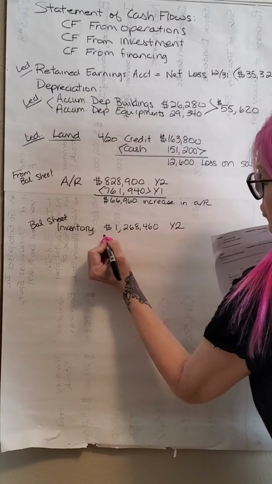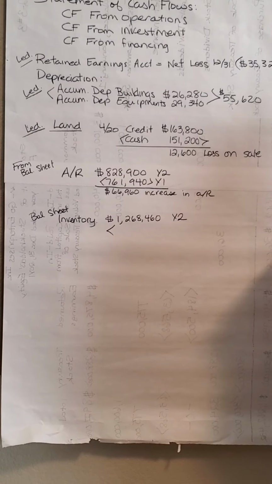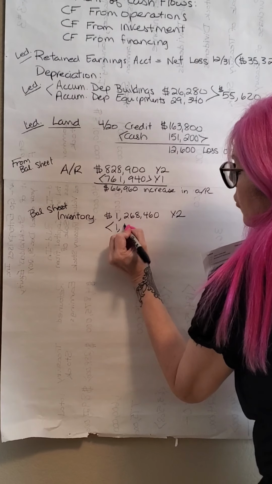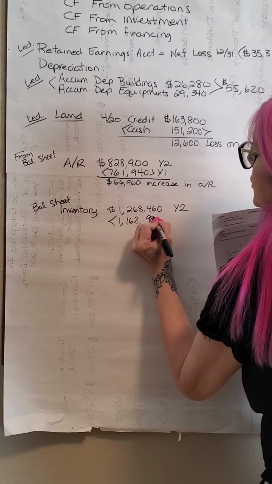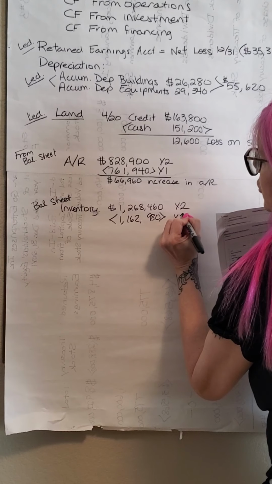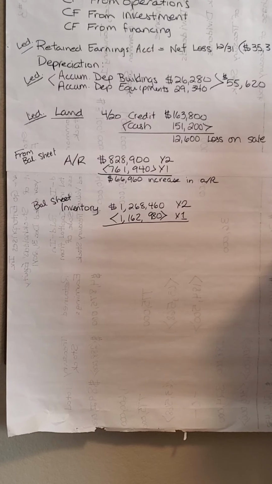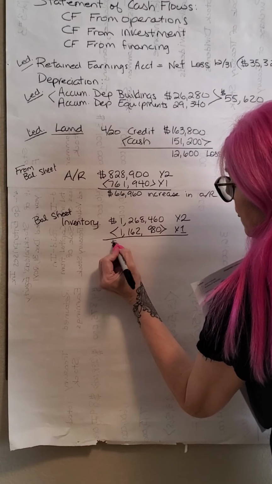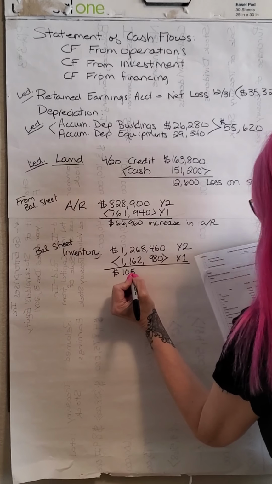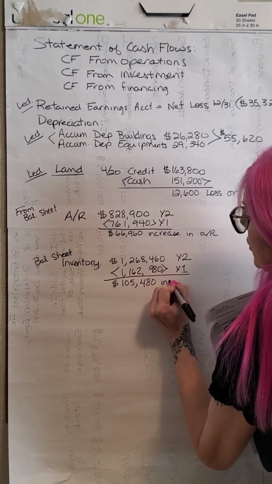We're going to subtract from that the balance in year 1, which was $1,162,980. This gives us an increase in inventories of $105,480.